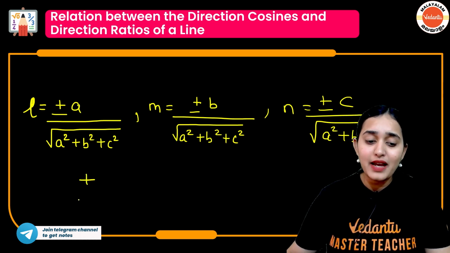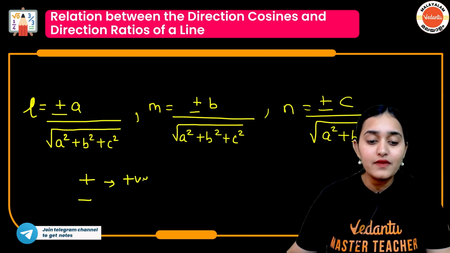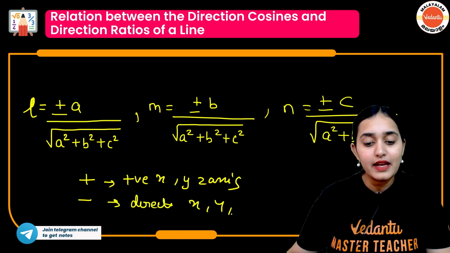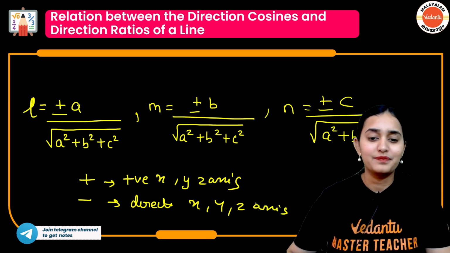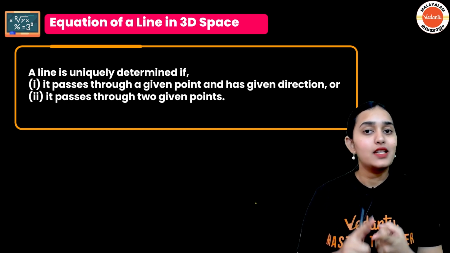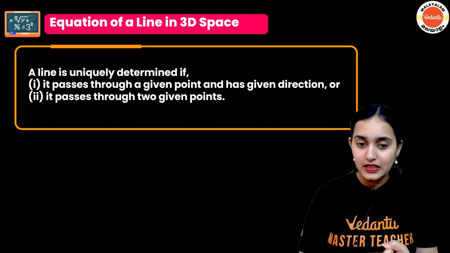Now, what is plus and minus? Plus is basically the positive direction of x-axis, y-axis, z-axis, and minus is the negative direction of x-axis, y-axis, z-axis. Simple.